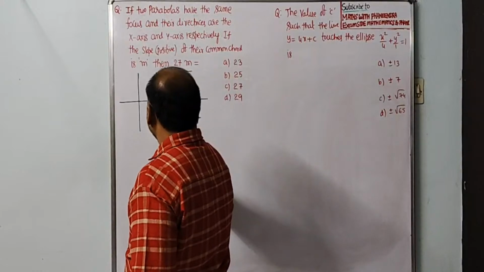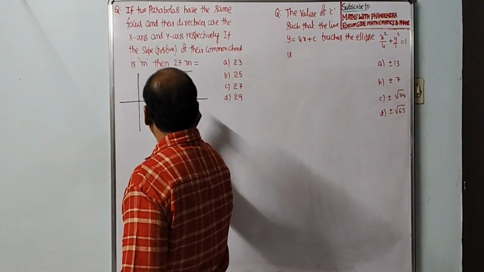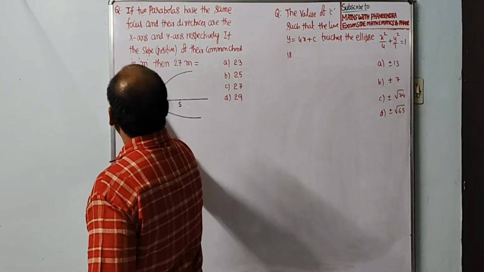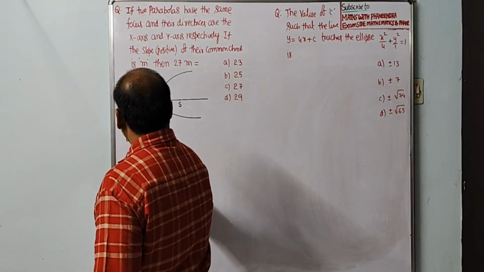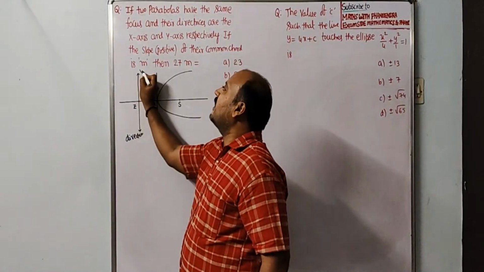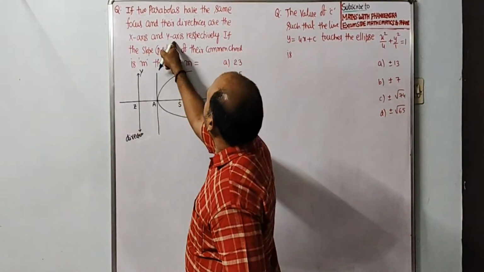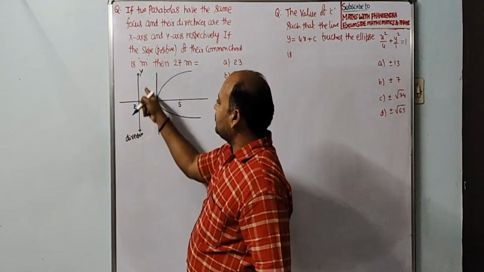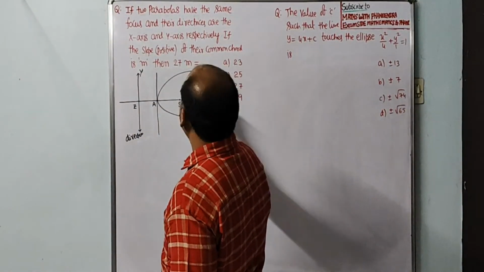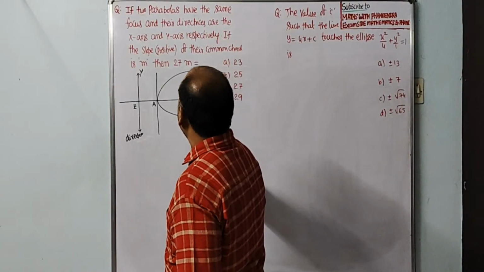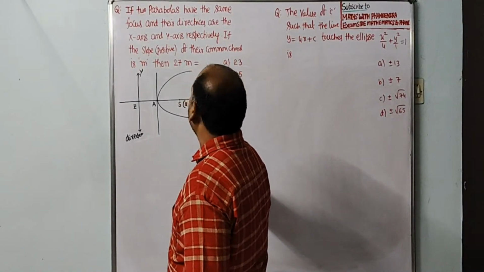This is the vertex. This is the focus. This is the directrix. If you draw the figure like this, the y-axis is the directrix of one of the parabolas. And whose focus is what? The same focus, which I am taking as A comma B. Am I right?